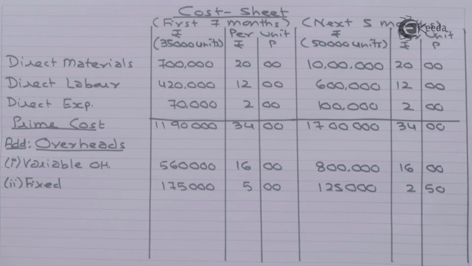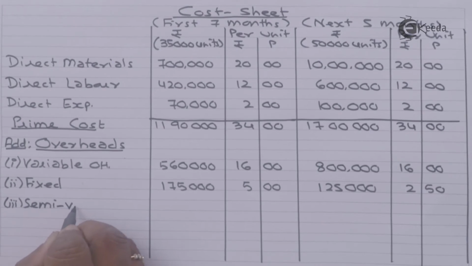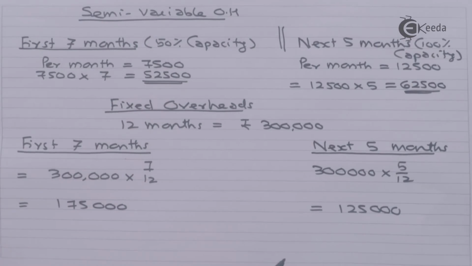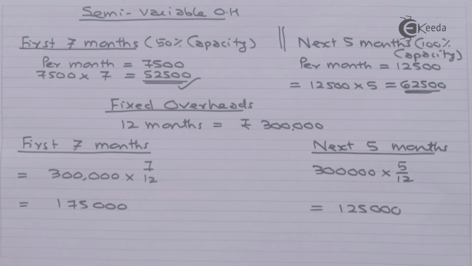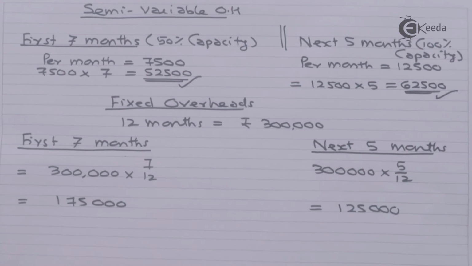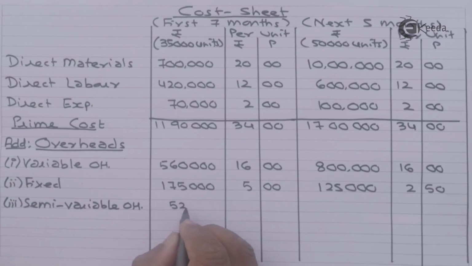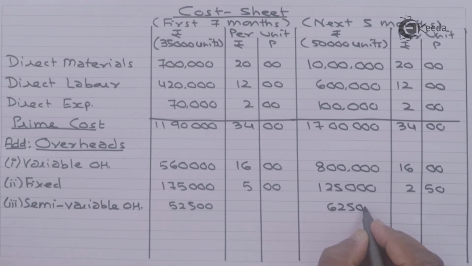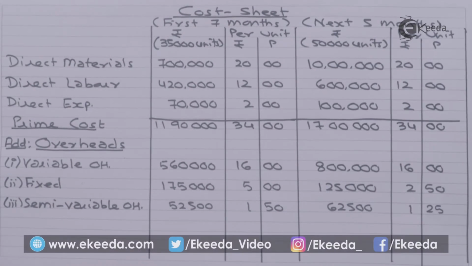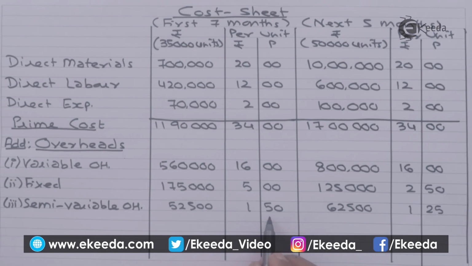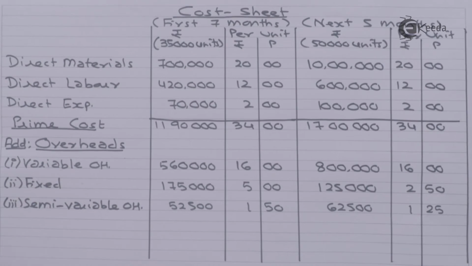Now third, we are required to add semi-variable overheads. For semi-variable overheads, we have done the working note. For the first 7 months it will be 52,500. For the next 5 months it will be 62,500. It will be per unit 1 rupee 50 paise during the first 7 months, 1 rupee 25 paise during the next 5 months.